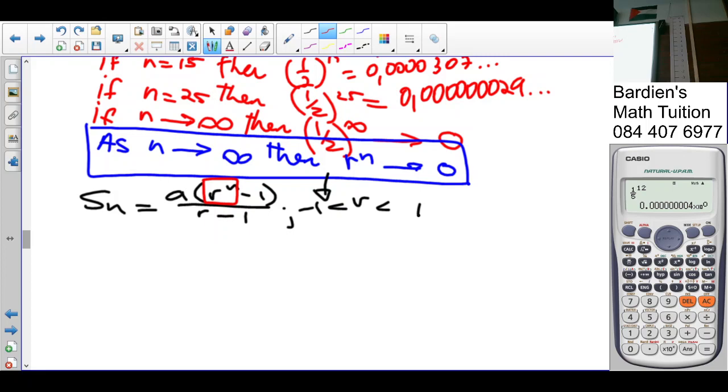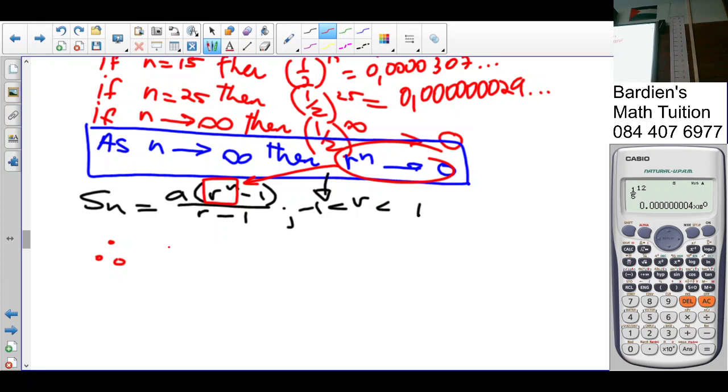So if I replace r to the n with the 0 there, and what is n in this case now? Infinity. So therefore now we can conclude a new formula.